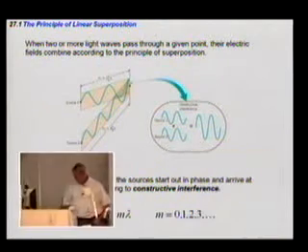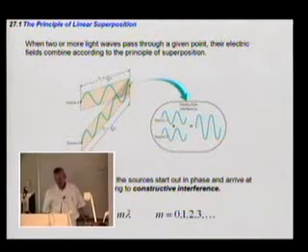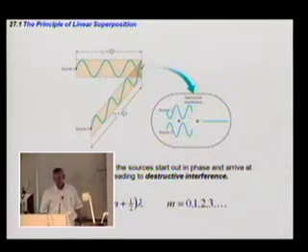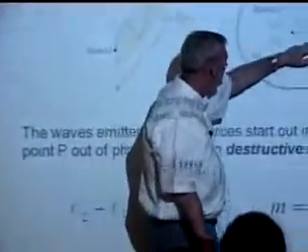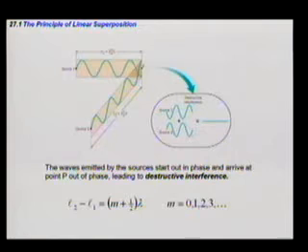Now, the next thing that happens is good old destructive interference. You take this wavelength minus this wavelength, and you get a straight line. It's dark. The light's not coming through.